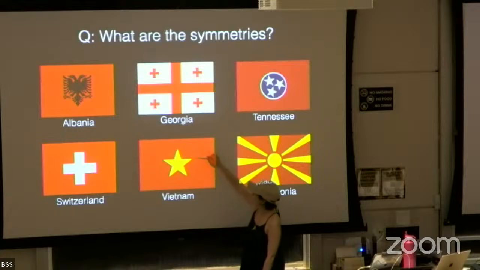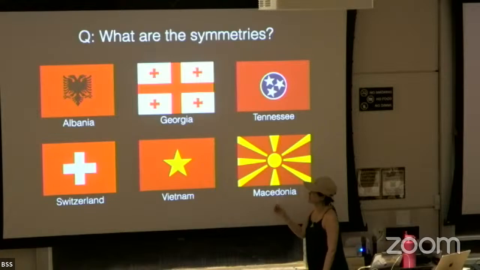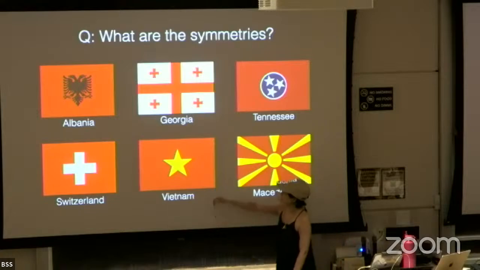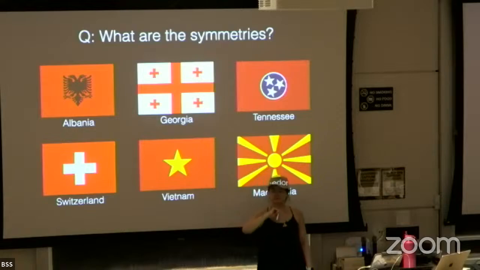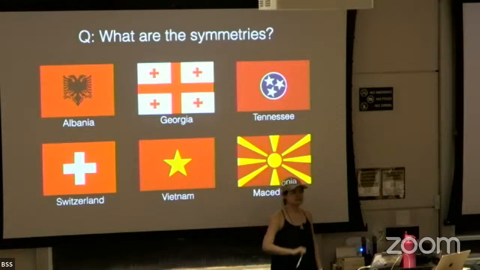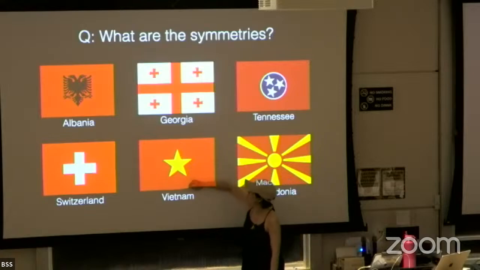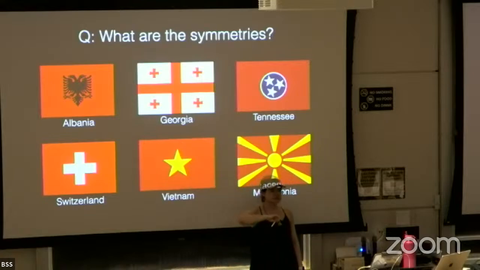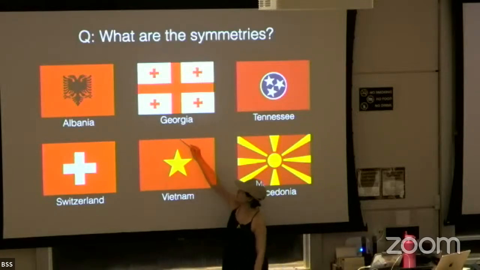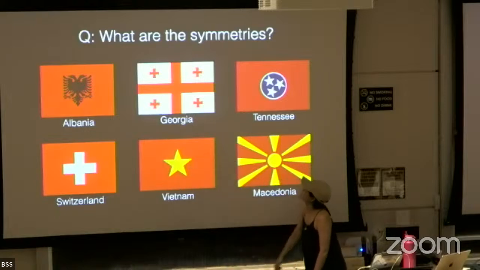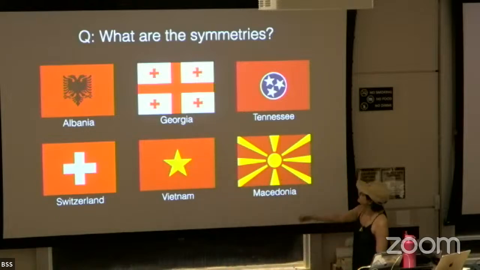There's obviously a rotational symmetry here. We can say the same thing about Macedonia and Switzerland. Do we see any other symmetries about Vietnam? Yes, so there's a mirror symmetry here. Any other mirror symmetries? Along each point of the star? Yeah, so there's a mirror symmetry along each point of the star here. So I guess, what about Tennessee?